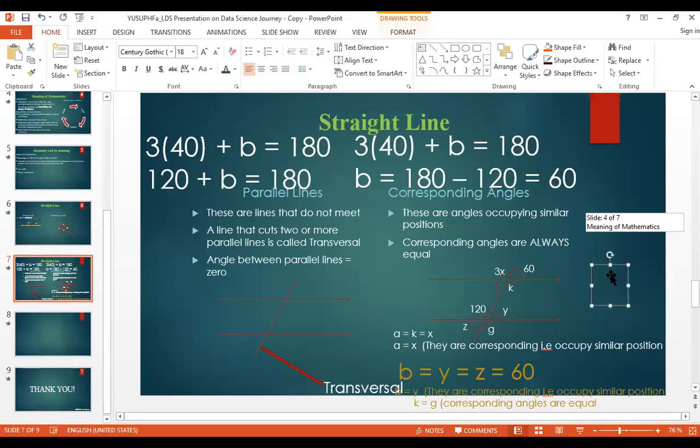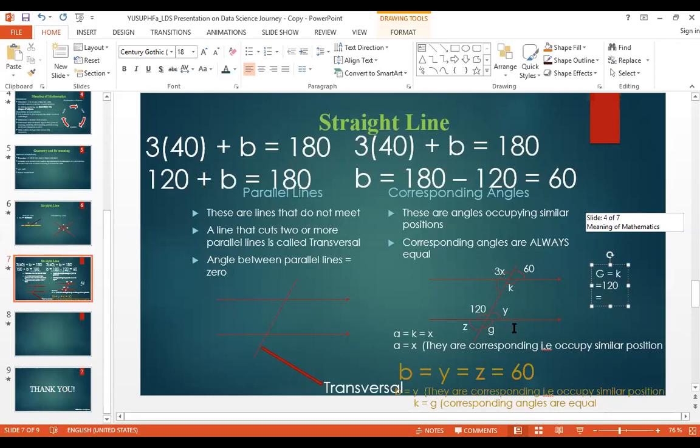We have spent a lot of time. So G is equals to 120. And if G is 120, then that means K is equals to 120. Why? Because K is to the right and bottom of the upper line. The same thing is applicable to G, to the right and also lower. So G is equals to K equals to 120.